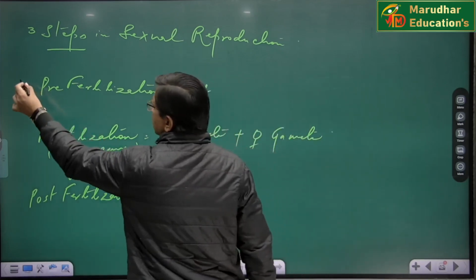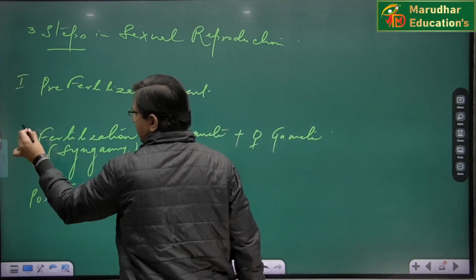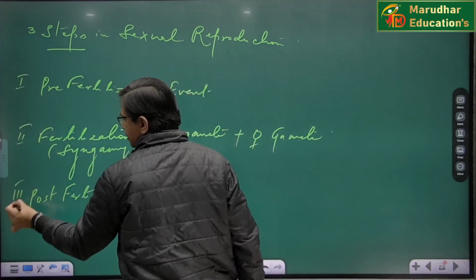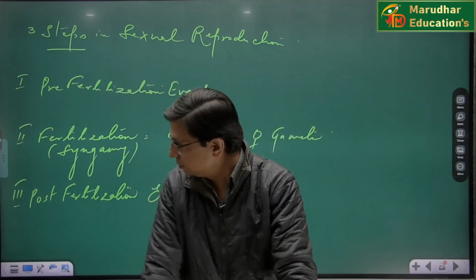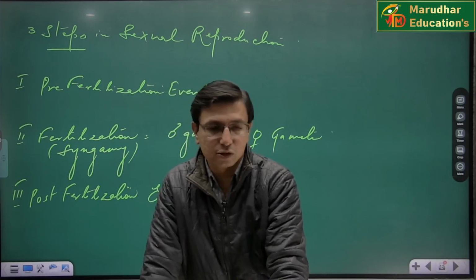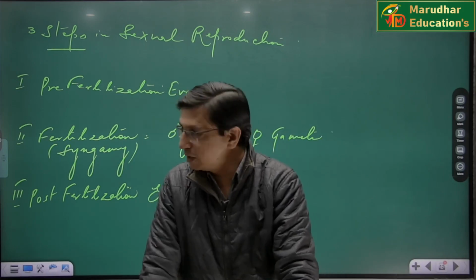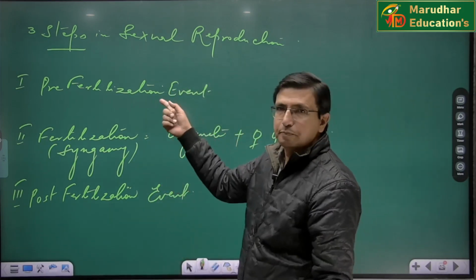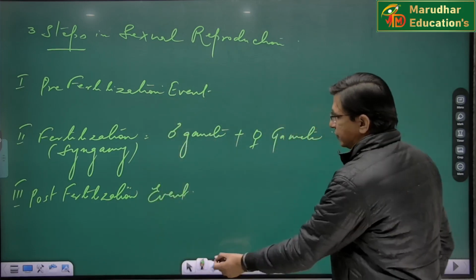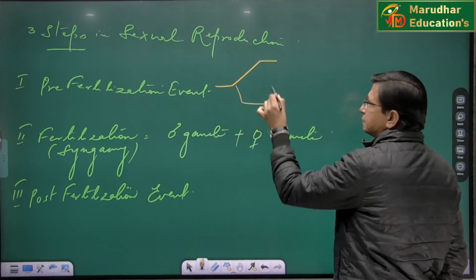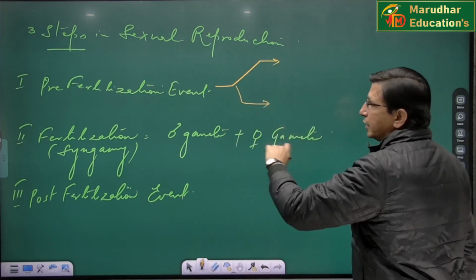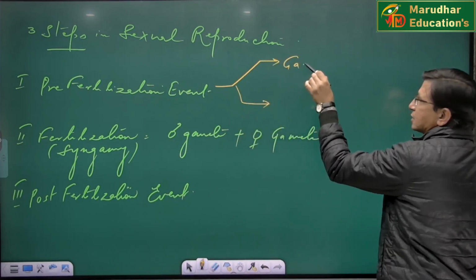So the overall three steps are: number one, pre-fertilization events; second, fertilization; and thirdly, post-fertilization events. For the sake of convenience, both pre-fertilization and post-fertilization events have been divided into two parts. Here, number one is gametogenesis.